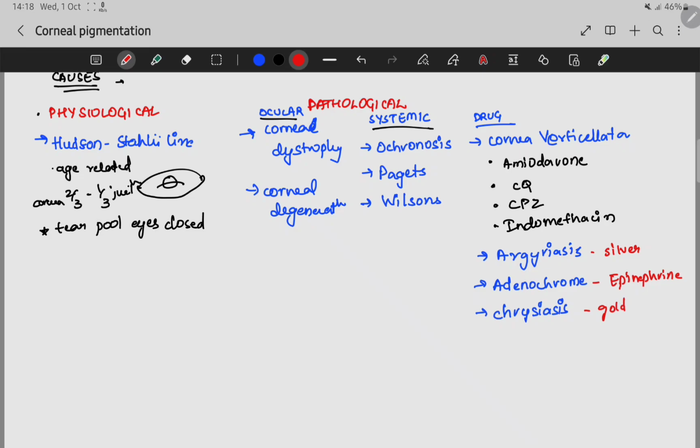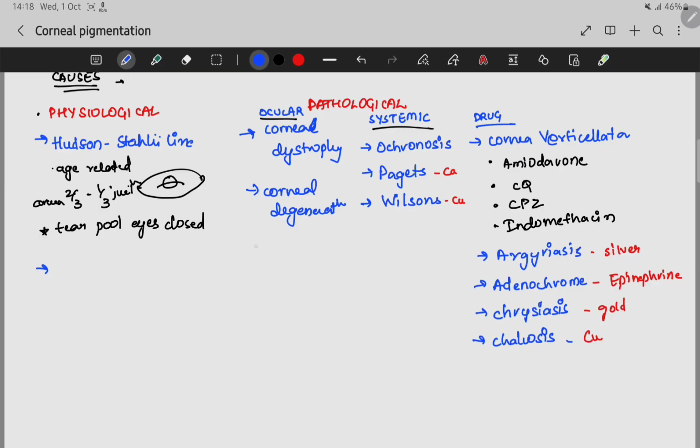And chrysiasis, that is gold deposition, seen with gold therapy, which is used for some diseases. And chalcosis is also copper deposition. So we have seen in Wilson's also there is copper deposition, and in Paget's there is calcium deposition. Okay. So these are some drug related causes of corneal pigmentation.